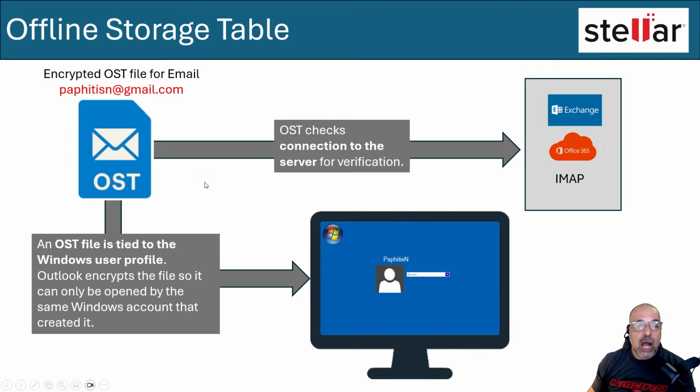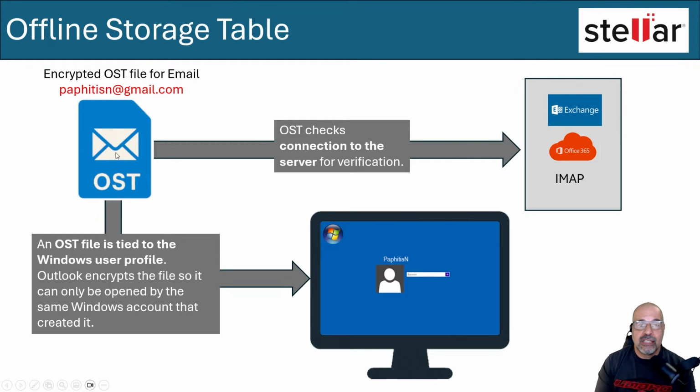First of all, it has to open Outlook using the same Windows profile which was used to add the email account to Outlook. It will have to have the same Outlook profile, and there has to be a connection to the server for that email account.